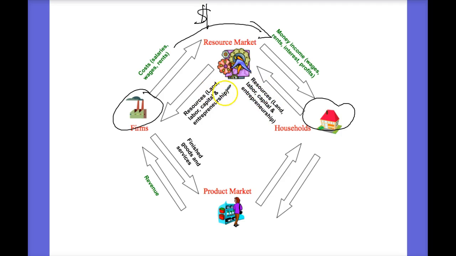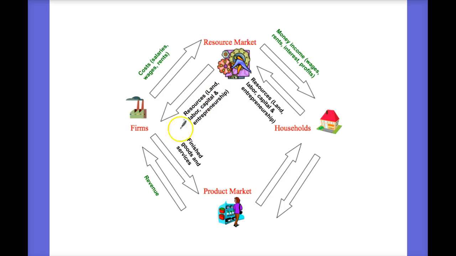So what happens after the firms get those resources? Well, businesses turn them into finished goods and services to send to the product market. And when they're at the product market, firms sell those products, those finished goods and services, and they make a revenue that comes back to them.